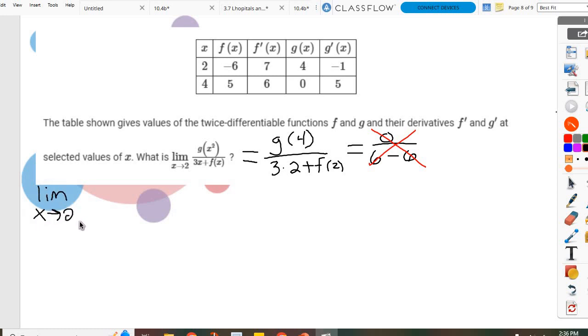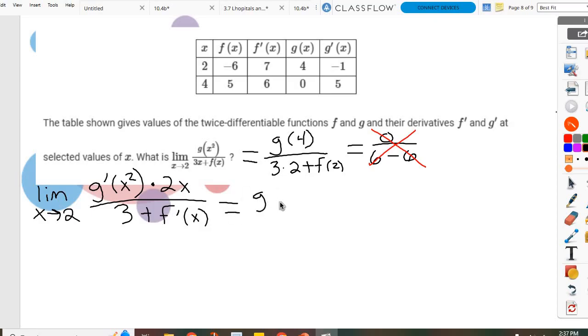Now, we do need to be careful, because what is the derivative of the top? It's going to be g prime of x squared, but what do we also have to multiply by? 2x, because it is a chain rule. The derivative of the bottom, the derivative of 3x is just 3, plus f prime of x. From there, we again want to try and substitute, divided by 3 plus f prime of 2.